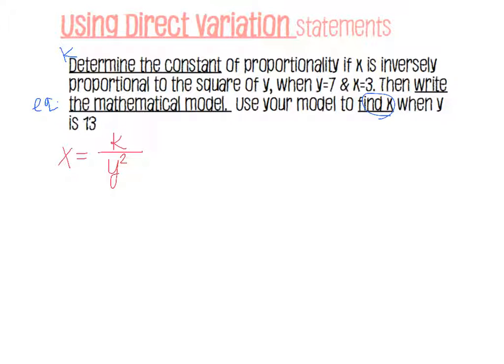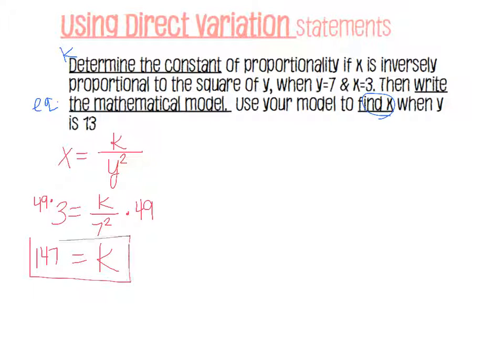They gave me that y is 7 when x is 3. Let's plug those numbers in. 3 is equal to k over 7 squared. 7 squared is 49. I'm just going to take both sides times 49. 50 times 3 would be 150, so 49 times 3 is 147. There's step 1. I found the constant of proportionality.